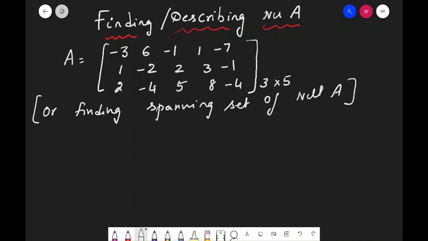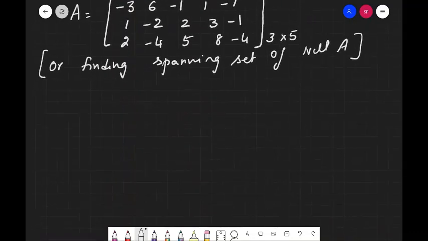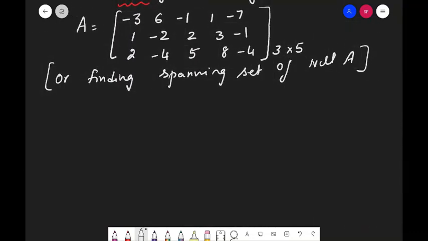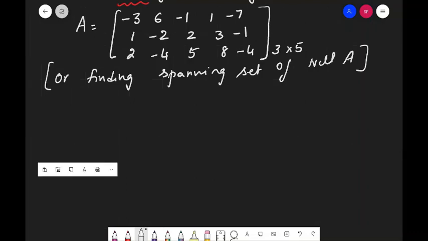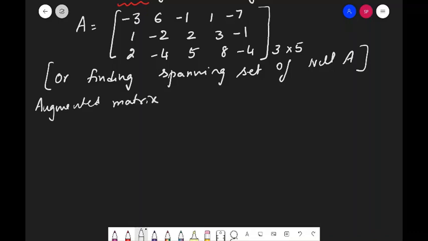Then what were the points I gave in the method for finding this? The first point is to consider a matrix A which is given to you, of order 3 by 5. Then what you have to write is the augmented matrix. So consider the augmented matrix. With what will you augment this matrix?